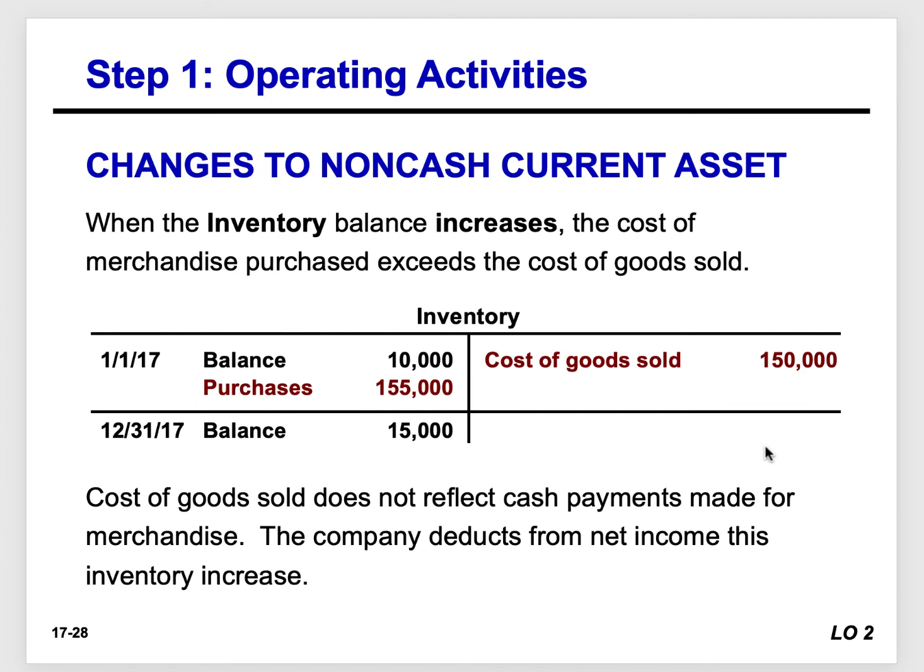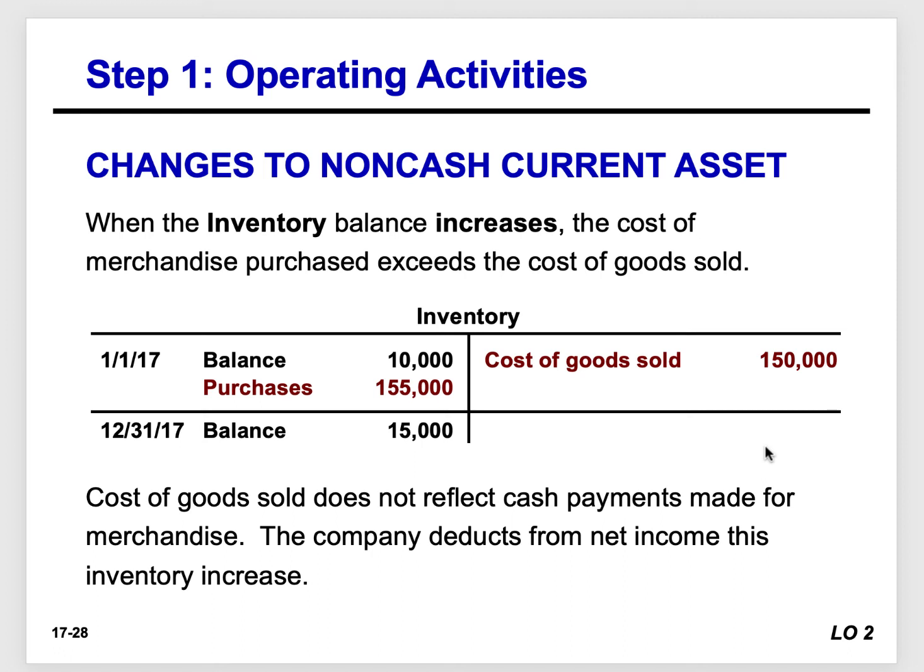Okay. We do the same thing with inventory, right? What happens if inventory increases? Well, if inventory increases, what are we doing with cash? Well, we're spending cash, right? What that means is when the inventory balance increases, the cost of merchandise that we purchased is going to be higher than the cost of goods sold.